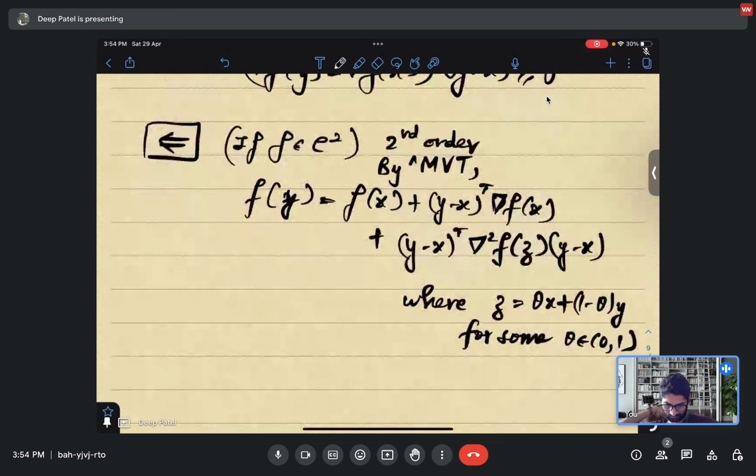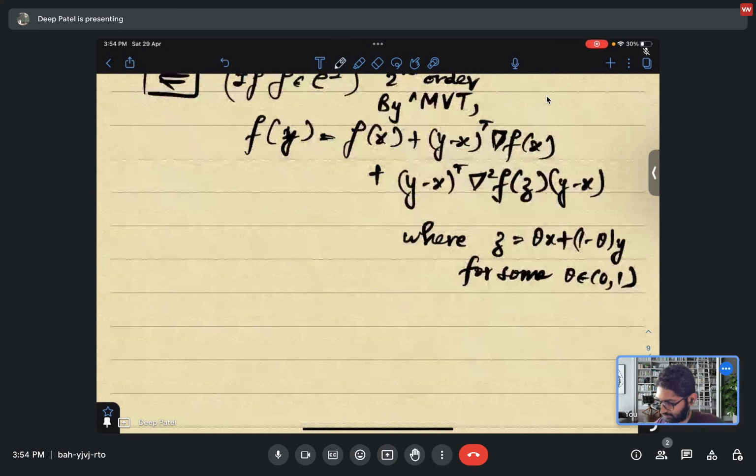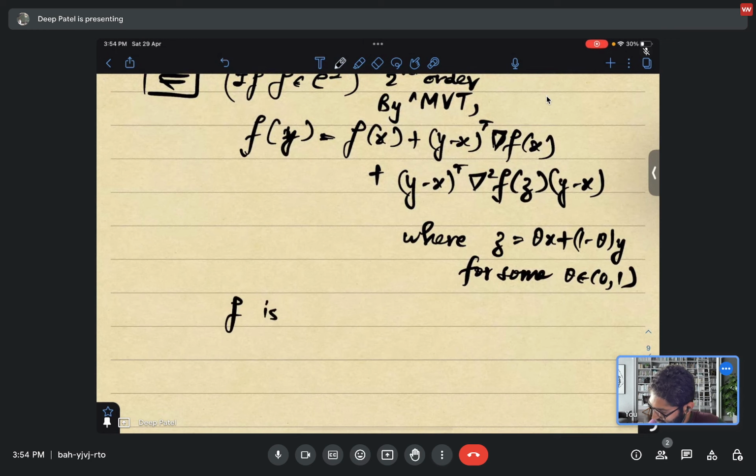And there's another characterization which I'm going to rely on here, which is that f is convex if and only if the Hessian is positive semi-definite.